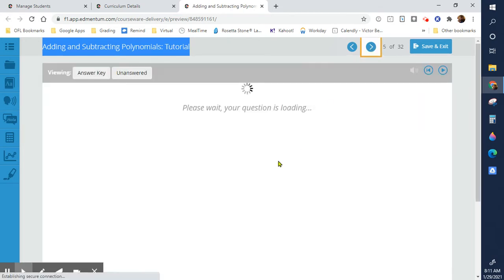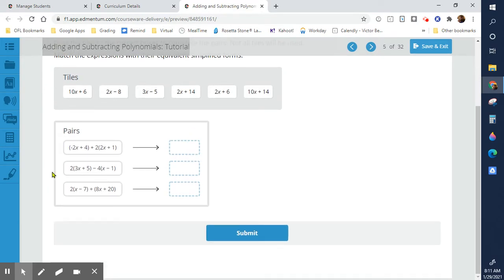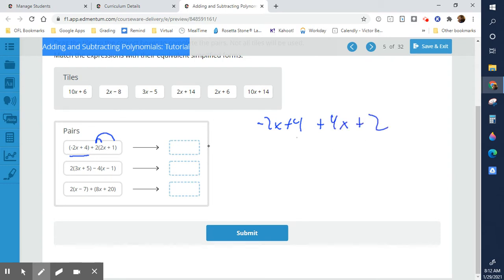All right. So let's answer some questions here. If we're adding these polynomials, first things first, we're going to want to distribute. So I'm going to get negative 2x plus 4 because that's already there, plus 4x plus 2. Right off the bat, I see that I have some like terms here.